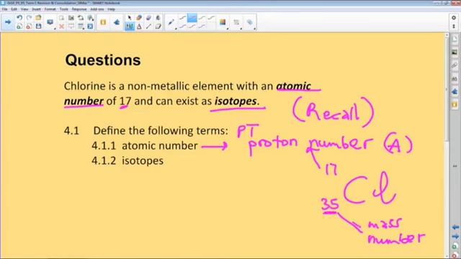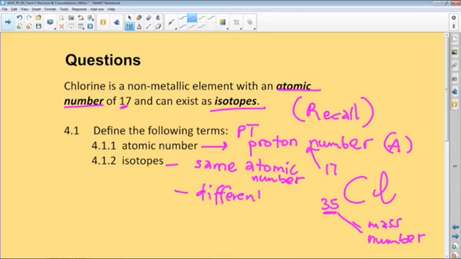So when you talk of isotopes, you're talking about atoms of the same element that have the same atomic number. It means the number of protons is the same, same atomic number, but what will be different will be the mass number, right?